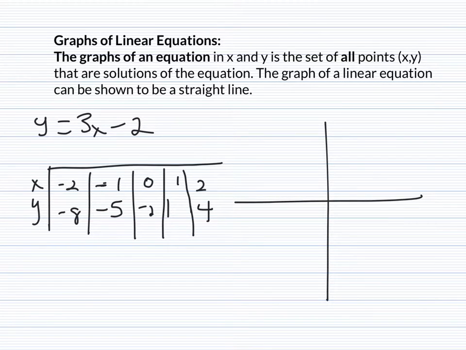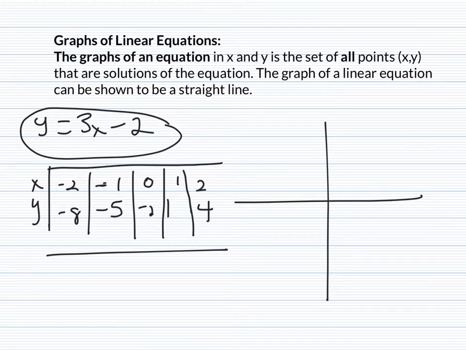So let's look at a table of values that were solutions to this equation, y equals 3x minus 2. And here are the values, and now you just have to plot them. The first set would be -2, -8, -1, and -5, 0, -2, 1 and 1, and 2 and 4.